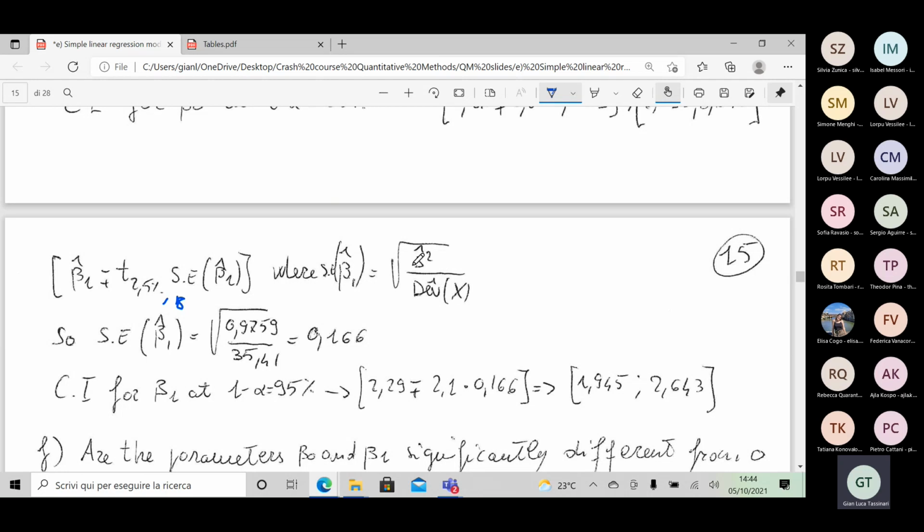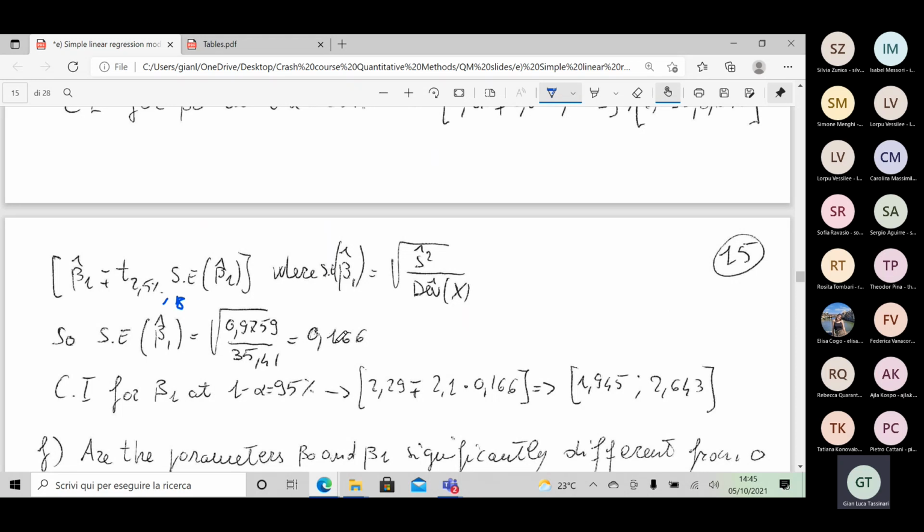We computed s hat square, the variance of the residual. Deviance of x has also been computed. Insert your data here, here, and here, and this is the standard error of beta 1 hat, which is a measure of the variability of the estimator beta 1 hat around its mean. So you see the variability is not great around its mean.